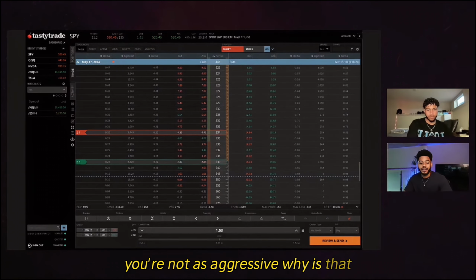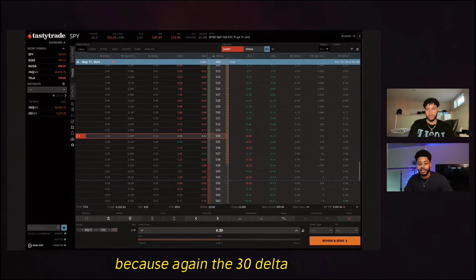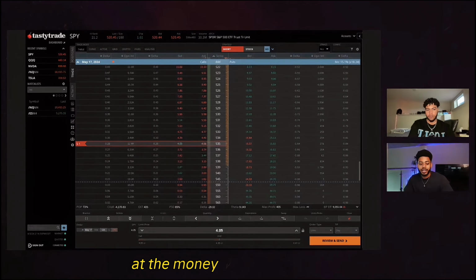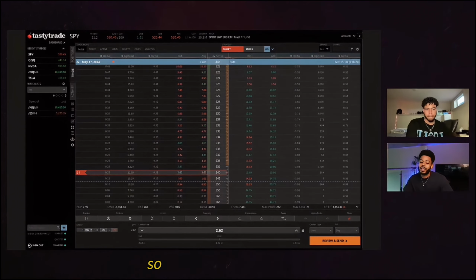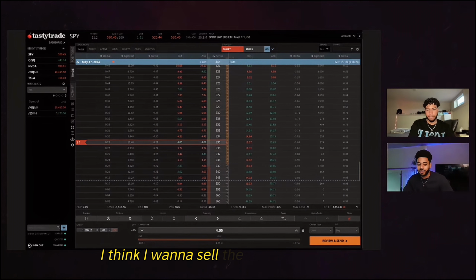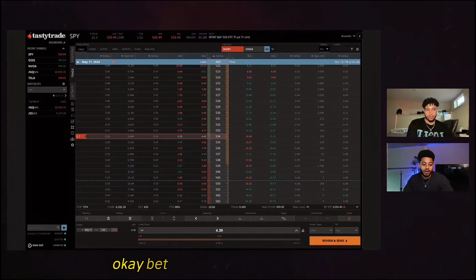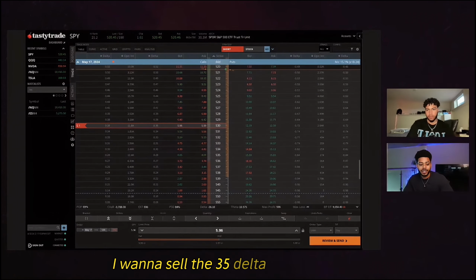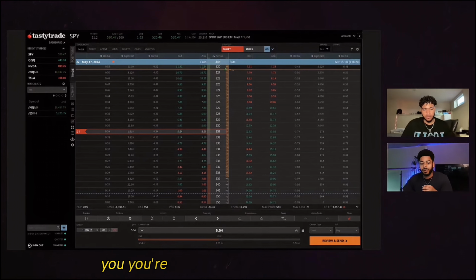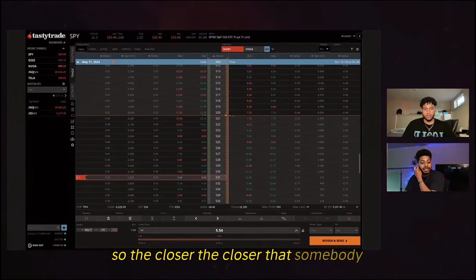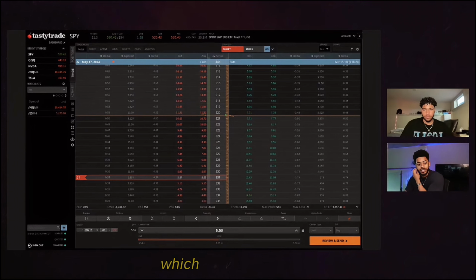Why is that? Because the 30 delta is closer to at the money than the 20 delta is. If I'd said I want to sell the 35 delta, he'd say, "You're pretty convicted in this position." So the closer somebody gets to 50, which is the halfway point, the more aggressive they're going to be on the trade.